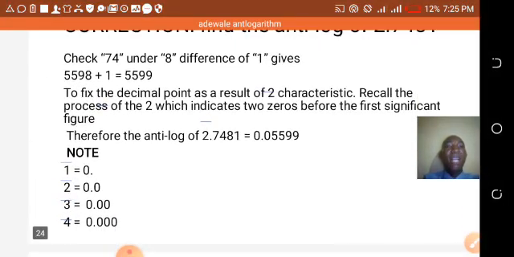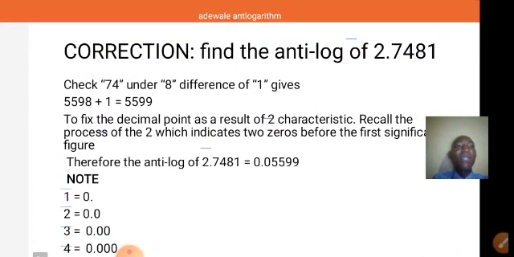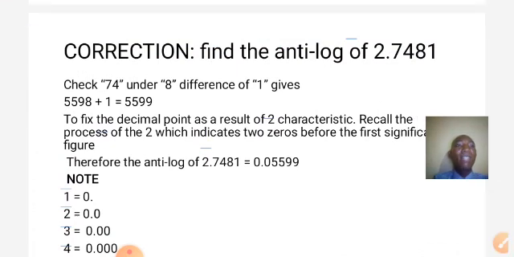Yes, in our previous class, we asked you to find the anti-logarithm of bar 2.7481. To find the anti-logarithm, the first thing is to check the anti-logarithm of the decimal part from the logarithm table.